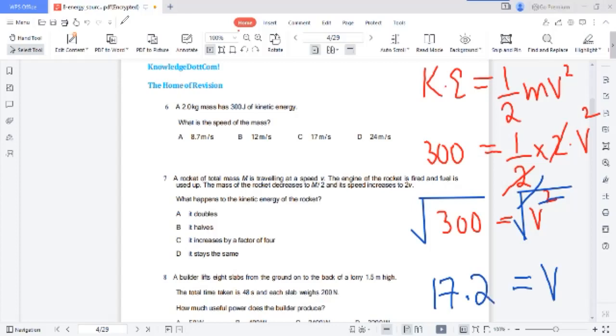You can check with a calculator. So it looks like approximately this is the correct option.